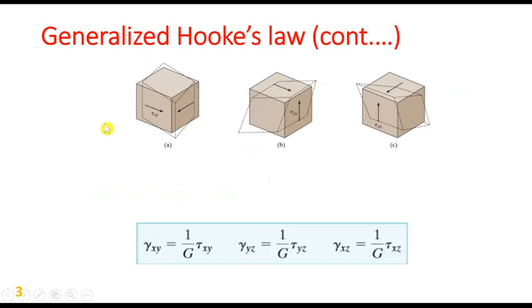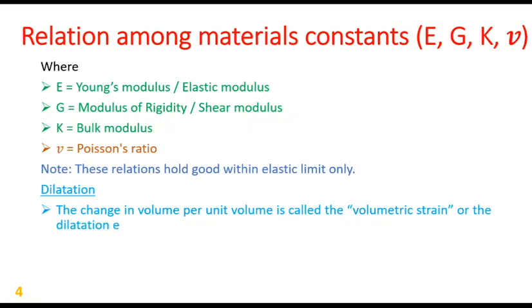So in shear, only change of shape happens, and the relationship will be gamma xy is equal to 1 over G into tau xy, and for tau yz, gamma yz will be the change in shape or shear strain. So gamma yz is equal to 1 over G into tau yz. Similarly, gamma xz is equal to 1 over G into tau xz. So these three equations plus the previous three equations, these six equations, are called the generalized Hooke's law.